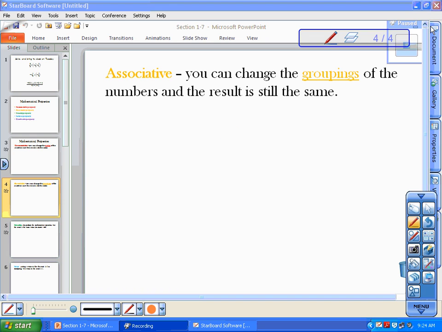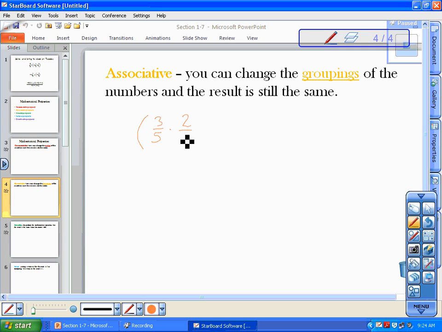Okay, so let's look at a problem where we might actually apply this associative property to make math mentally easier. Say, for example, inside parentheses, I'm being asked to multiply 3/5 times 2/7, and then that quantity multiplied by a negative 7/10.